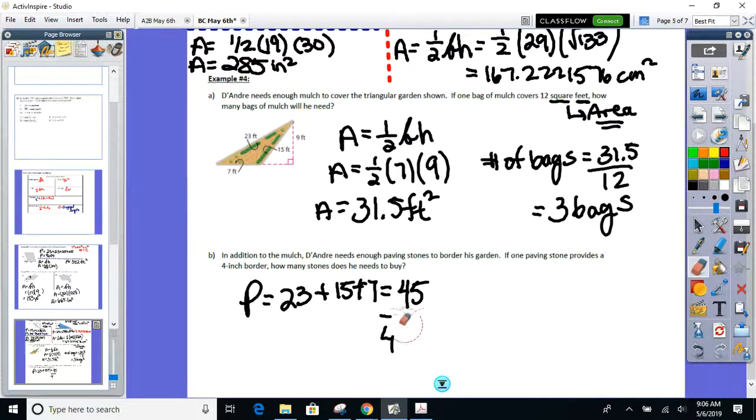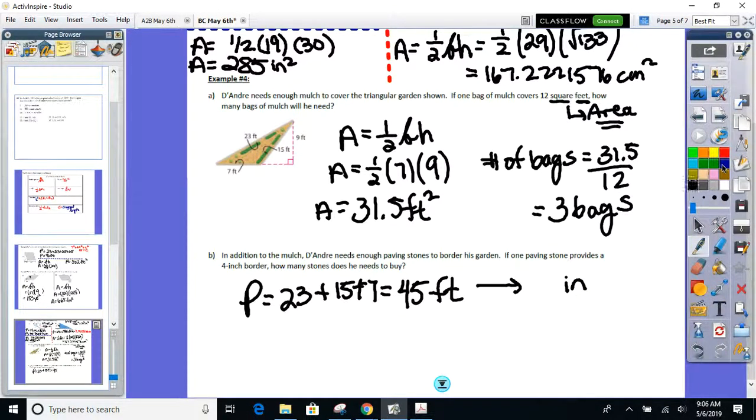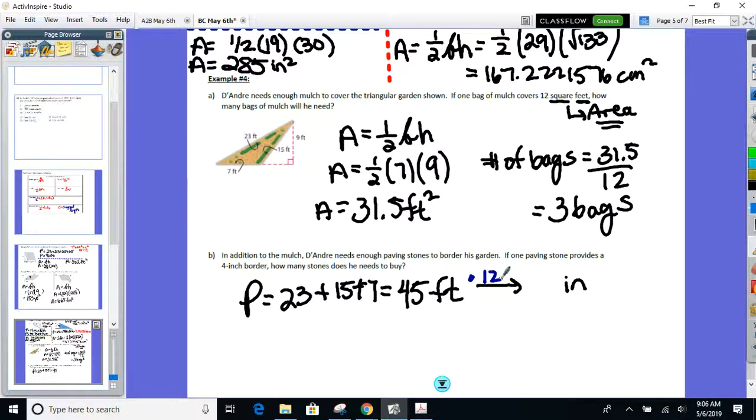You will see a change mid-problem. So this is 45 feet. How do you want to change it into inches? Multiply it by 12. So the perimeter in inches will be 540. Please, I'm going to beg you, be aware, read it carefully.